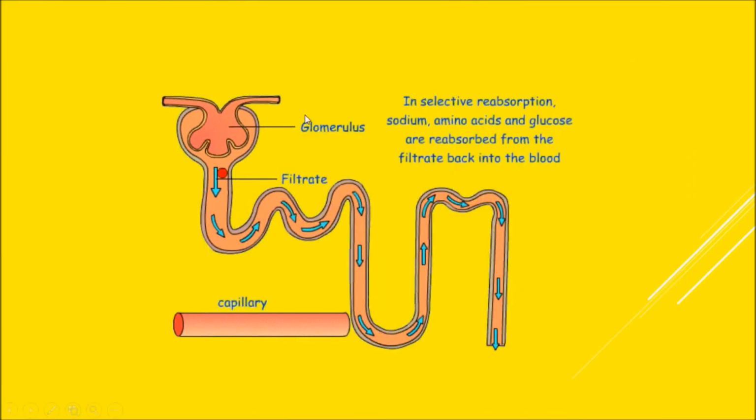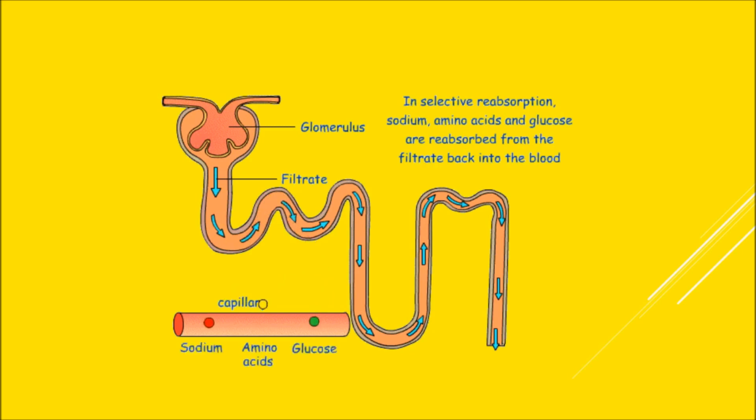See, this is how it takes place. In selective reabsorption, sodium, amino acids, and glucose are reabsorbed from the filtrate back into the blood. Blood flows in the capillary. So it is filtrate back into the blood, and this is how selective reabsorption takes place.